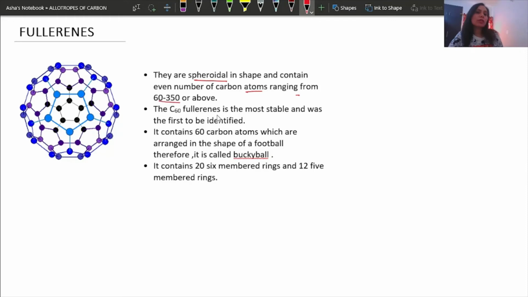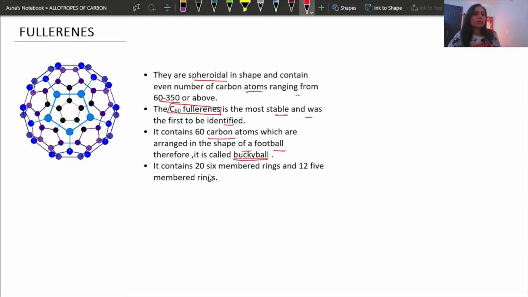The most common example of fullerene is C60. Why? Because it is more stable and it is the first to be identified. 60 is showing the number of carbon atoms arranged in it, and the carbon atoms are arranged in the form of a soccer ball or a football, and it is also popularly called the buckyball structure.